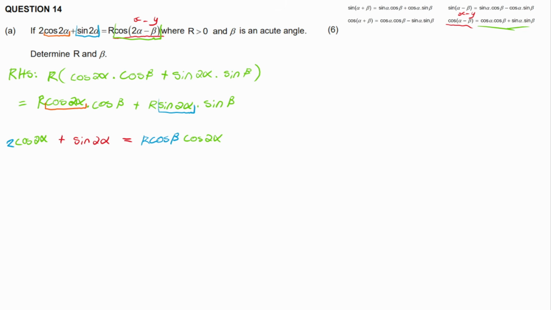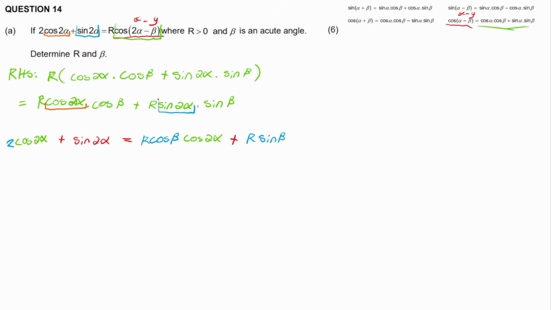Okay, so if I roll with this, then I'm left with plus, and now I put this coefficient, so I'm going to use blue again. So the coefficient here is r sine beta, but what I was left with before on this side was this sine 2 alpha.